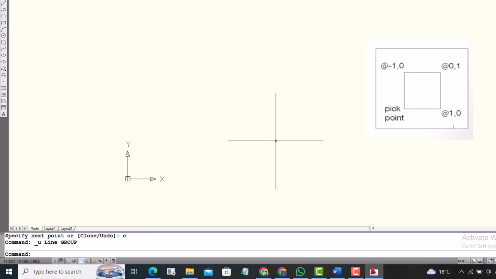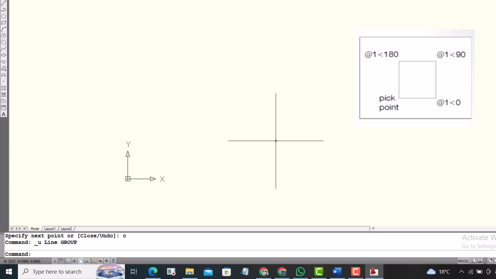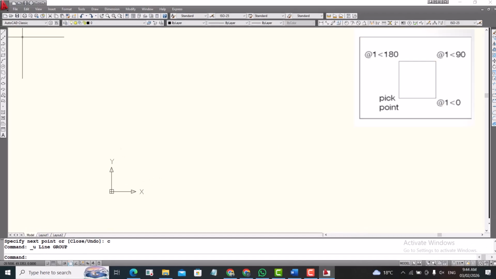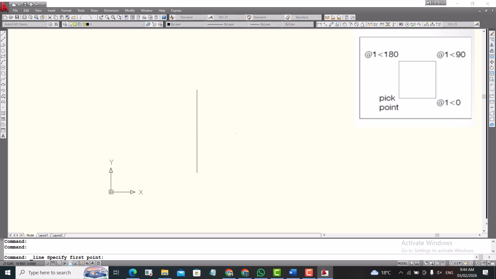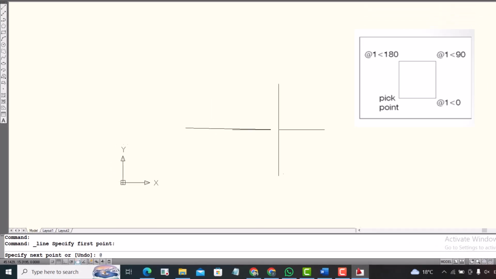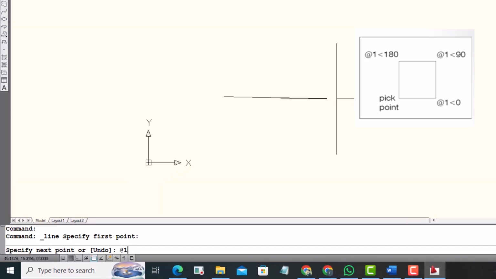Control Z. We have another system, call it polar coordinate system. Again, activate line, select a pick point here. Okay, insert @ again, distance 1, this time angle. Smaller symbol, angle must be 0. So it means 1 unit goes to the side in angle 0.